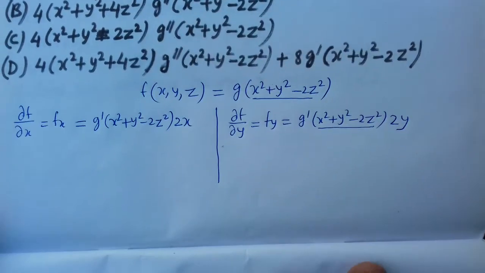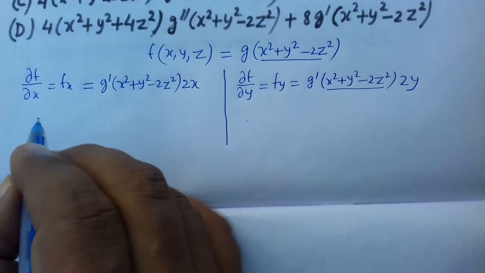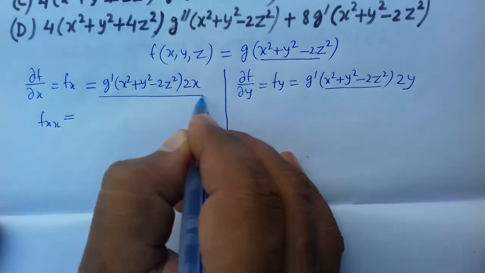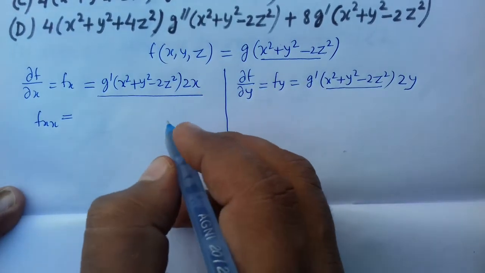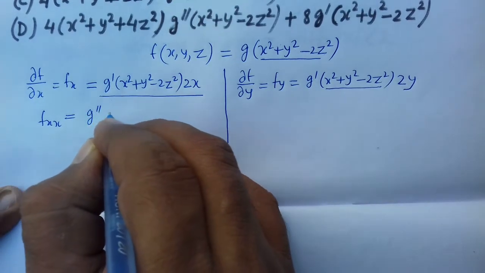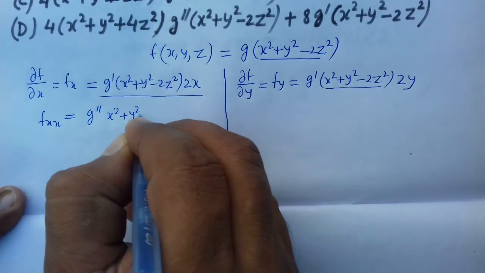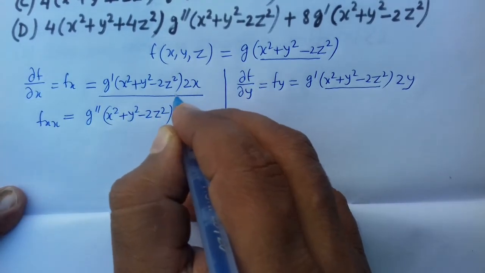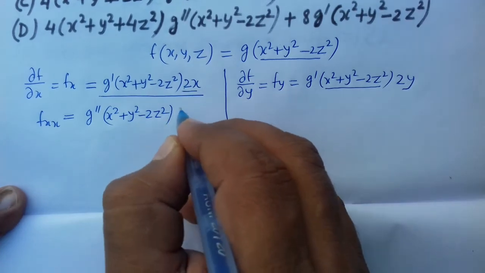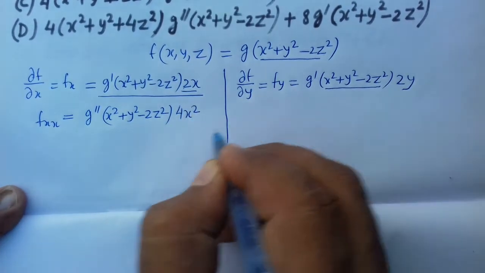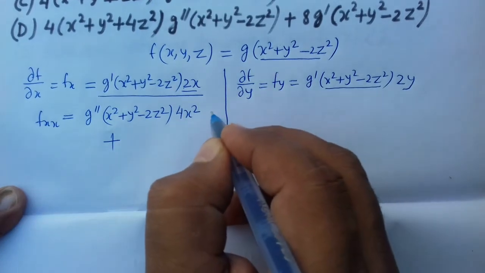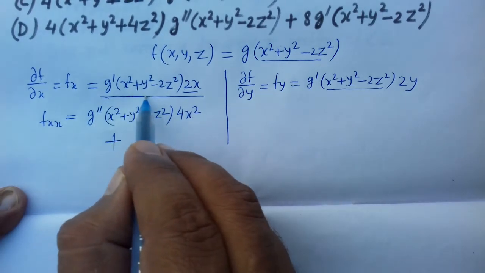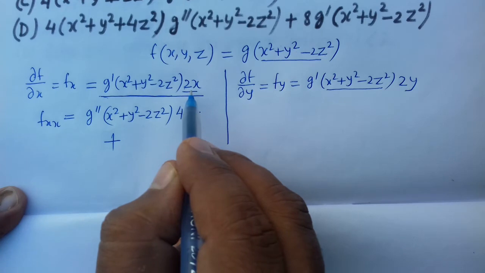Now we take f_xx, that is we have to again differentiate this expression with respect to x, so this will be g''(x² + y² − 2z²) into one more 2x, there is already 2x, then one more, that is 4x², plus this time we have to give plus sign, because at a time we differentiate one and keep the other constant.